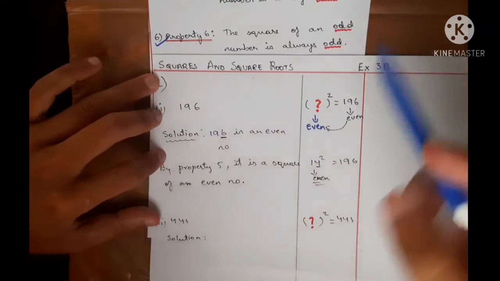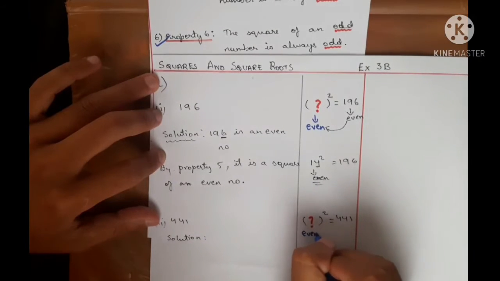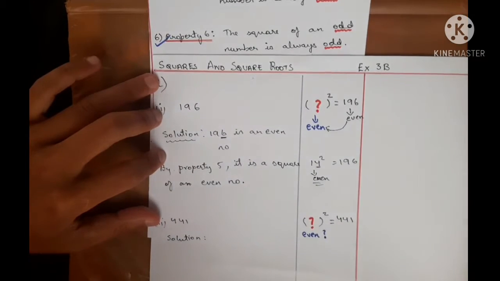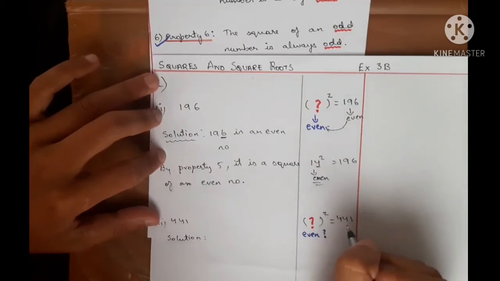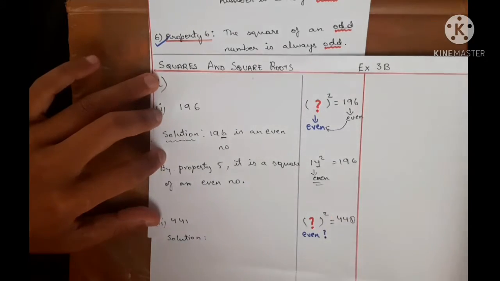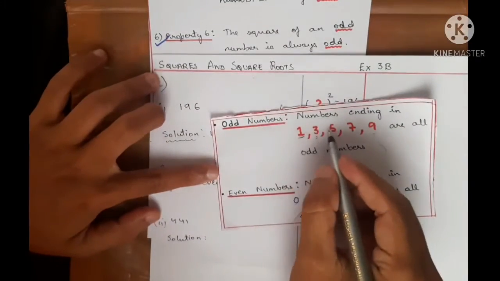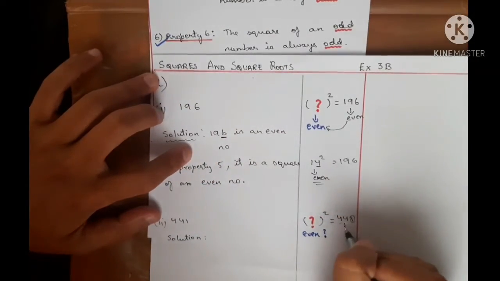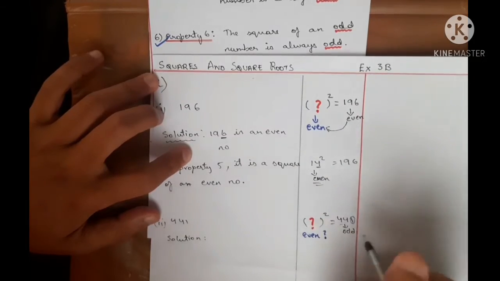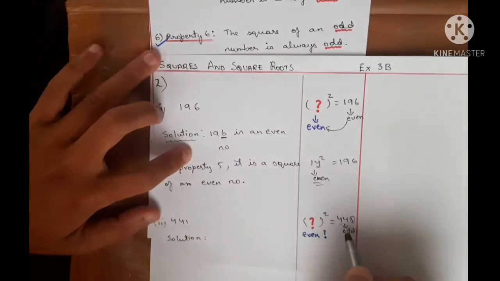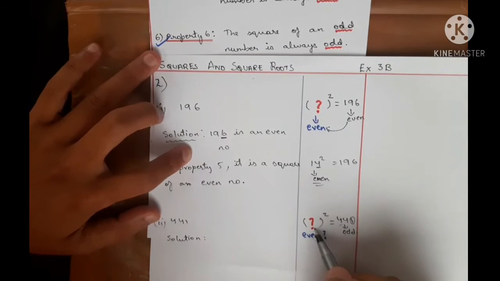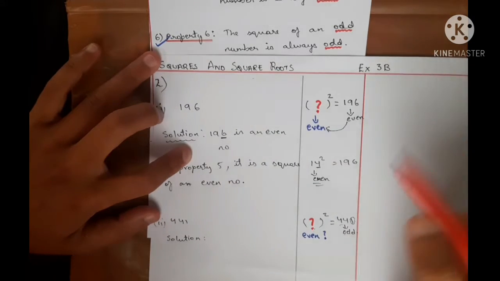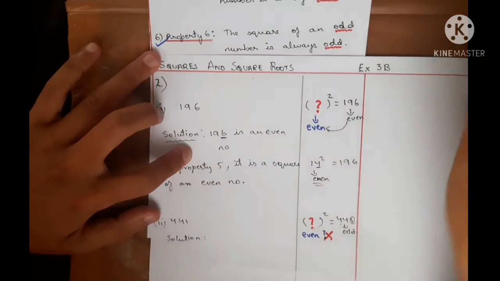Here, 441 ends in 1, and 1 is always an odd number. So any number ending in 1 is an odd number. So 441 will be an odd number. We have seen that in property 6, if this is odd, the number inside the bracket will also be odd. This will never be an even number.